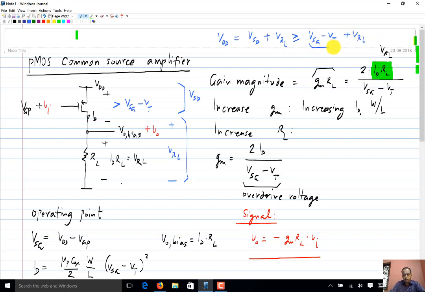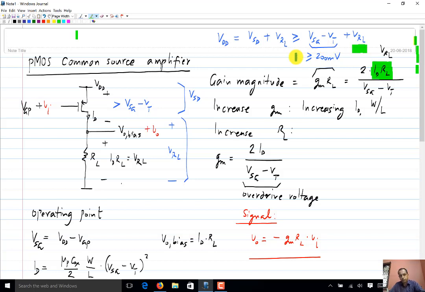And we already know that this itself has to be more than 200 millivolts for operation in saturation region. So basically we have to choose a supply voltage that is greater than the voltage drop that we want across the resistor plus 200 millivolts or so to keep the transistor in saturation region.